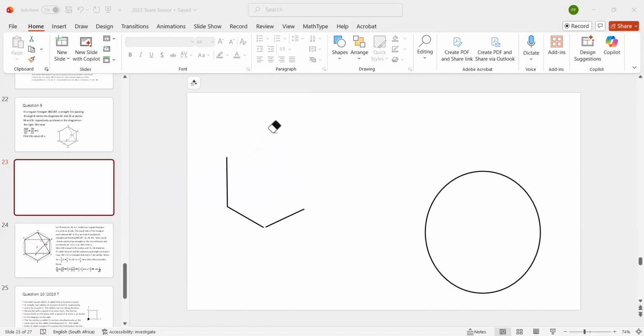I'm going to draw this inside the circle. Then it becomes more obvious. See, all the 6 points lie on a circle.